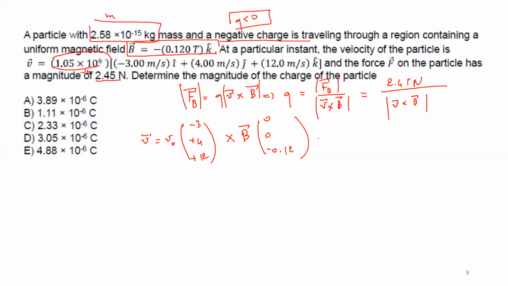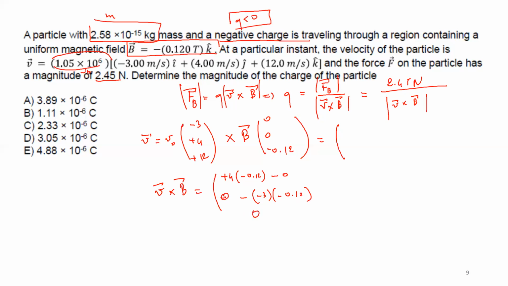Good. So if you calculate it, what do we find? I'm talking about V cross B. Along X, I will have plus 4 times minus 0.12, and then I have 0 here. Along Y, I have 0 first, and then I have minus 3 times minus 0.12.